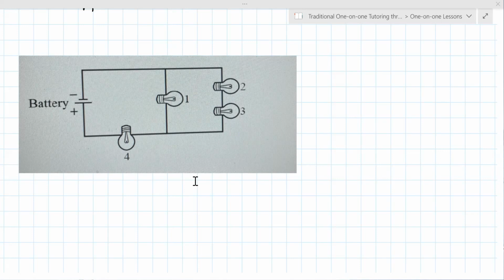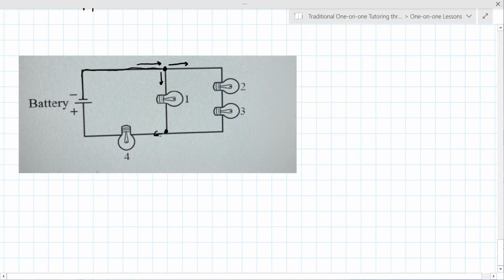Think of current as the flow of water. The flow of water here has to split at these two places. Like imagine a water runoff. You can think of current as water. It has to split here. So the current through 1 is the same as the current through 2 and 3, but then they join back up.